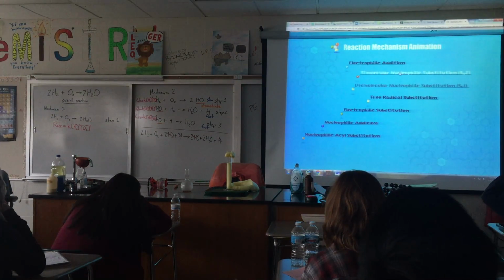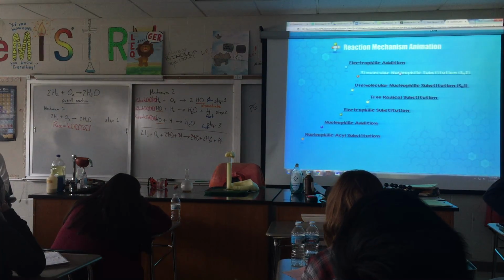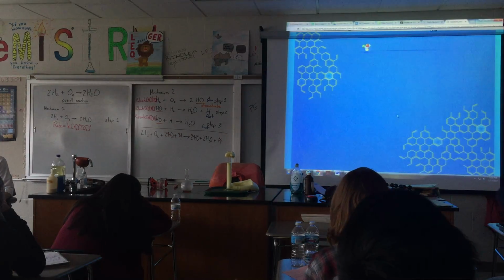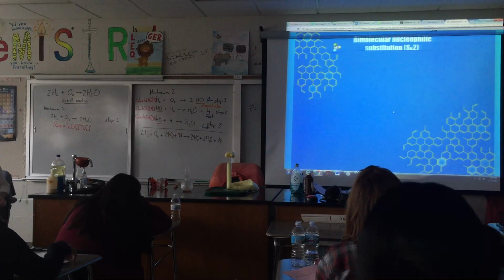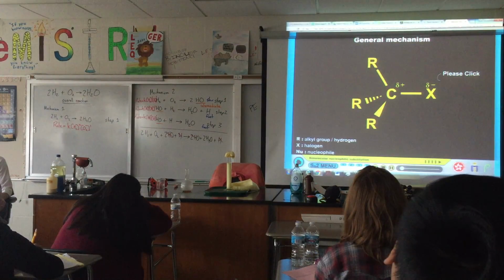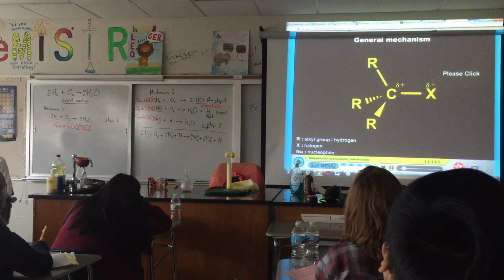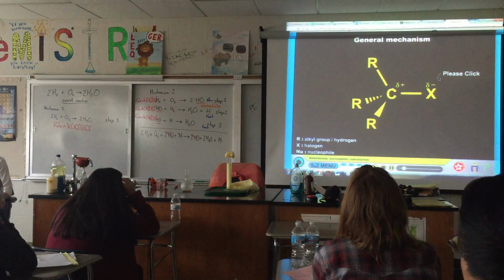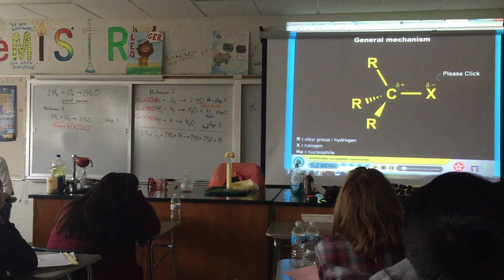So I want to start with what's called an SN2 reaction. I'm doing a little bit of organic chemistry for you guys. This is a very common type of reaction in organic chemistry, and they're going to show us the mechanism. In this type of reaction, we have some hydrocarbon here. There's carbon. These are going to be either other carbons or hydrogens.